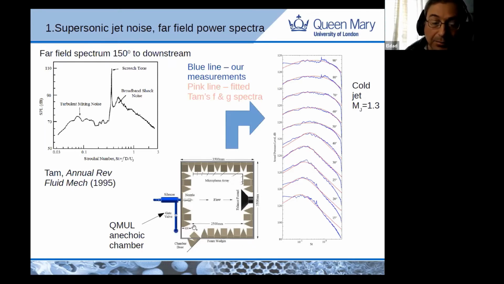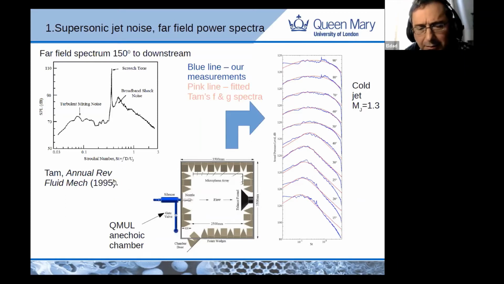And this is a diagram of our not big, moderate size acoustic chamber that was designed for supersonic jet noise and or high subsonic. The nozzle exit here is about 3 inches. It's a small nozzle. It's a cold jet, coming from a reservoir that we have.